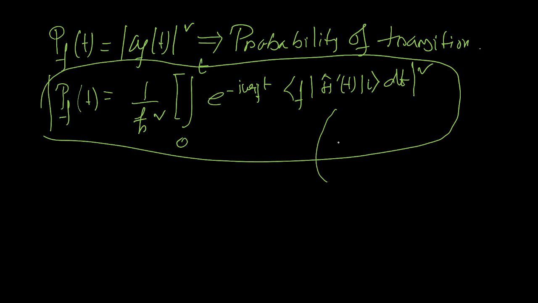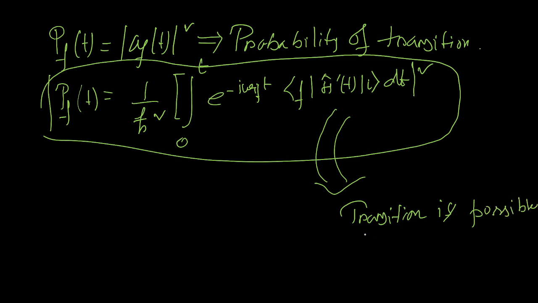So this part will say whether the transition is possible or not. That actually eventually leads to the selection rule.